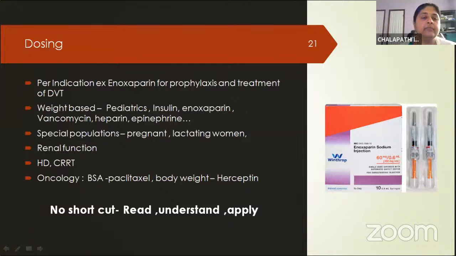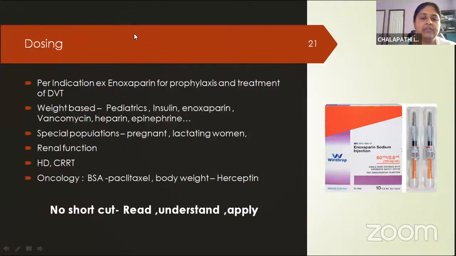Anybody? What strengths are they available in? Can you tell me? Any student? Okay.